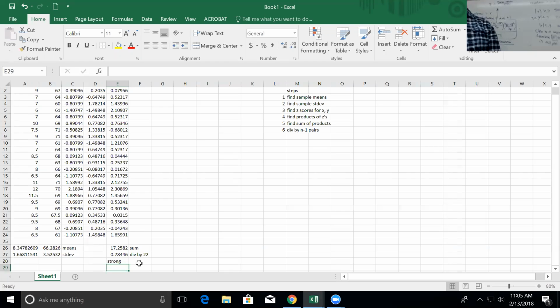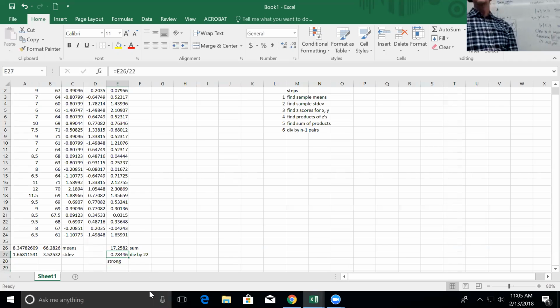Okay, yes. So I got a value of 0.78, right? That's greater than 0.7, so we're going to call that strong. But I've made a big mistake because what if my scatterplot is nonlinear? I didn't check my scatterplot, did I?